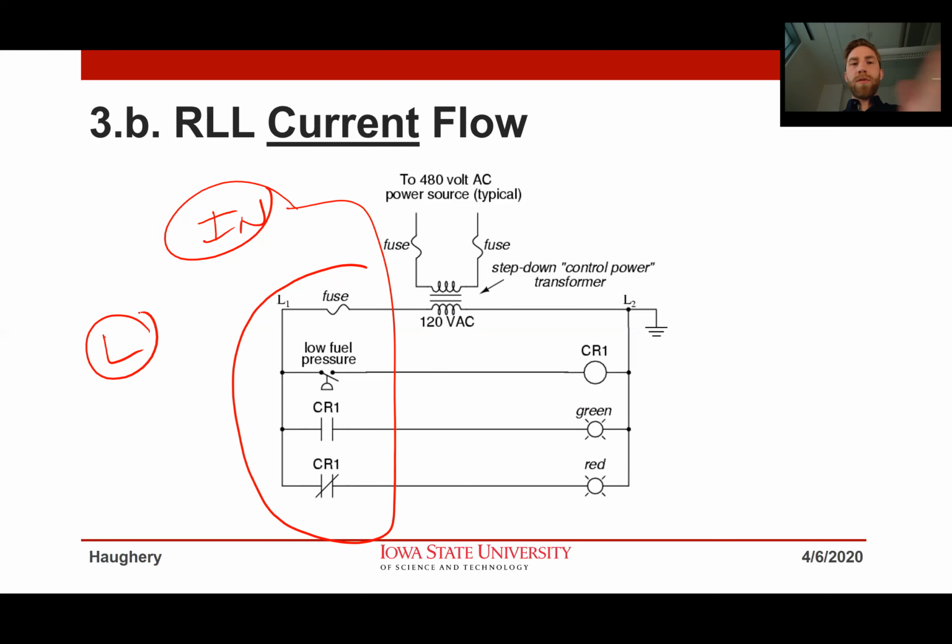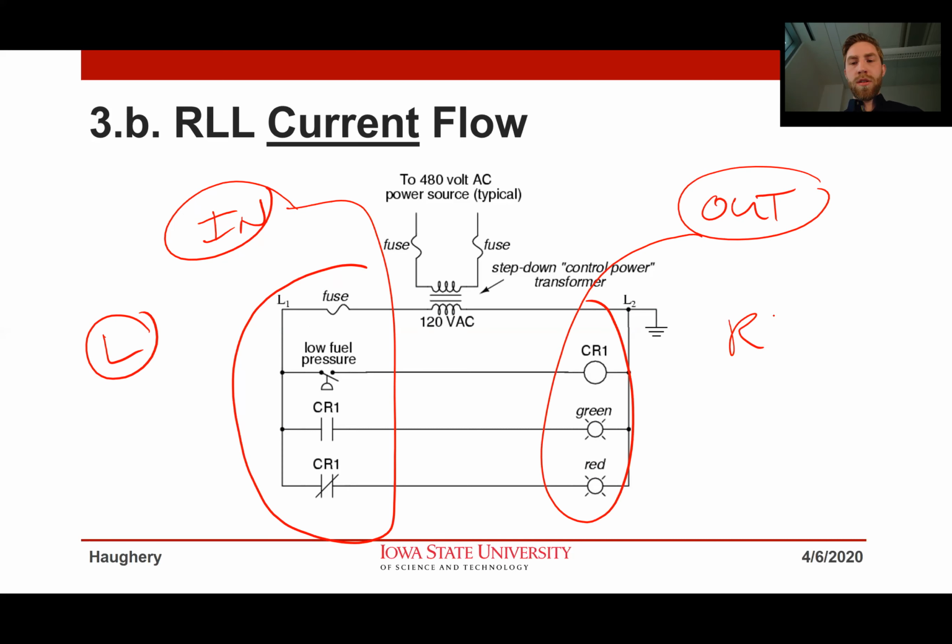Okay, left to right. So inputs go on the left side, outputs on the right side. I can have multiple inputs in a row, but I keep them towards the left.